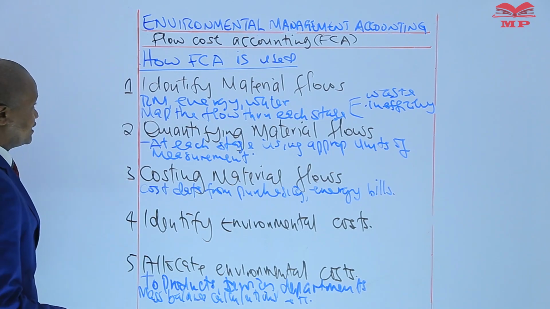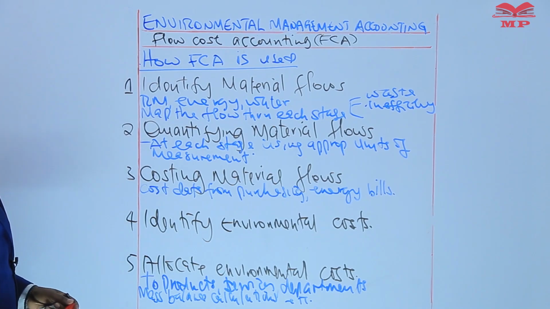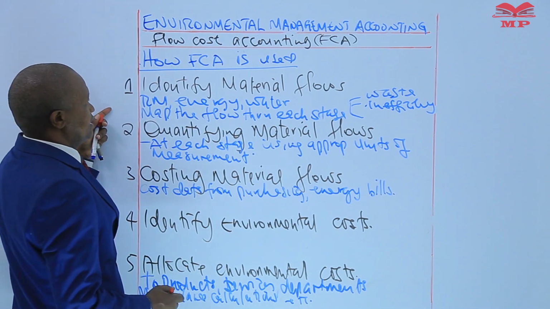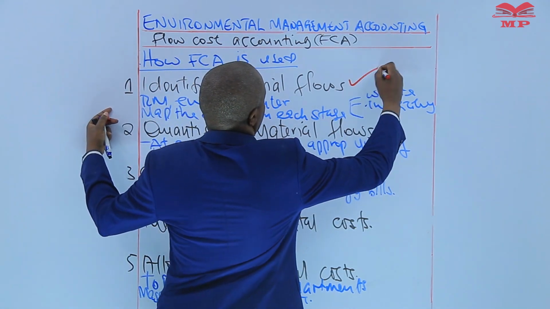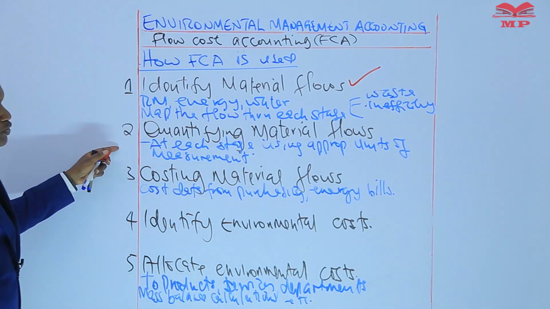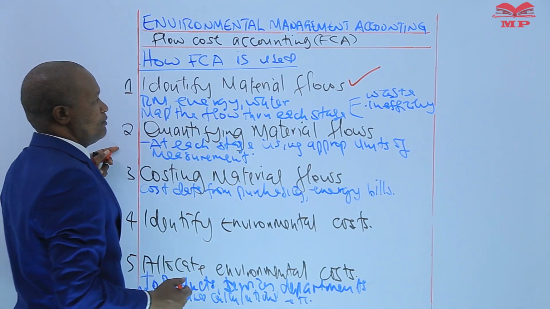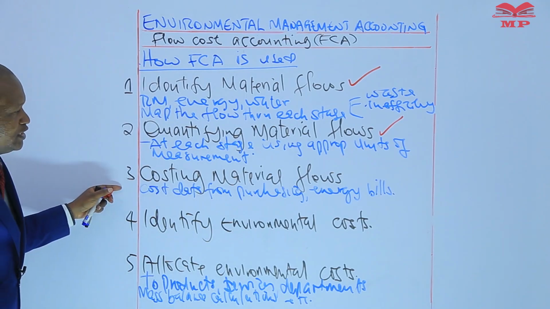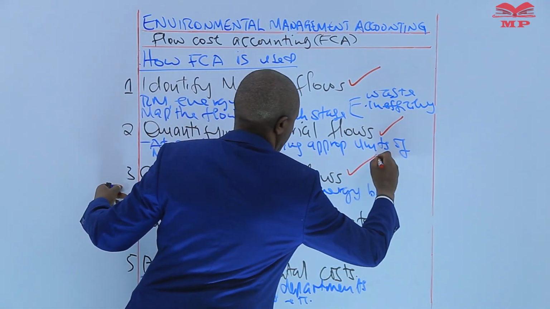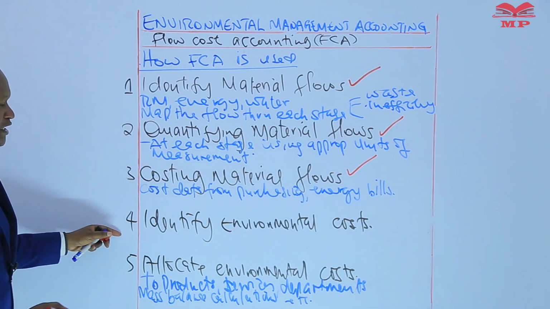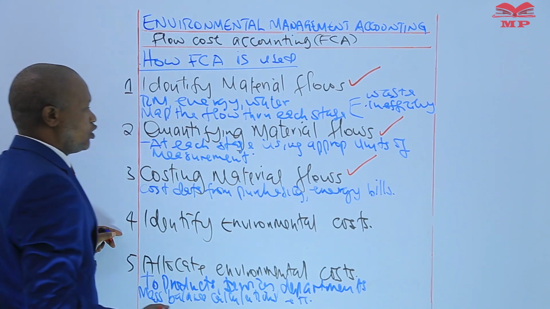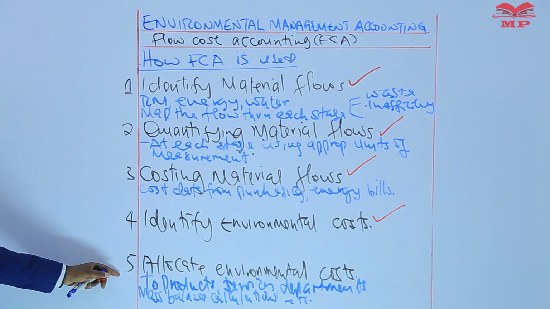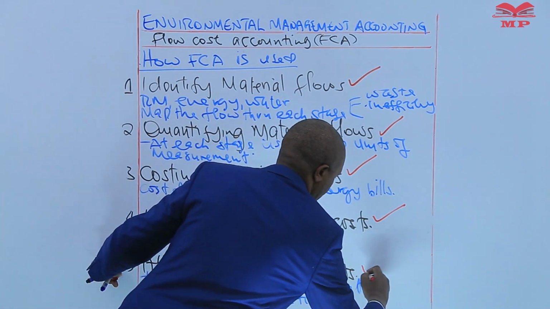So these are the stages in the flow cost accounting technique. The first step I've said is identifying material flows. Number 2, quantifying material flows. Number 3, costing material flows. Number 4, identifying environmental costs. Then lastly, allocating environmental costs.